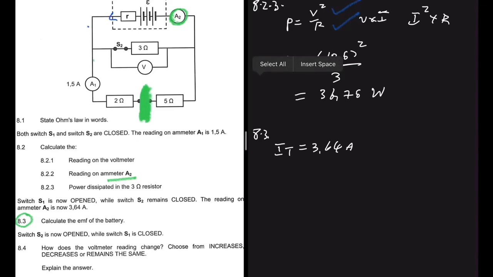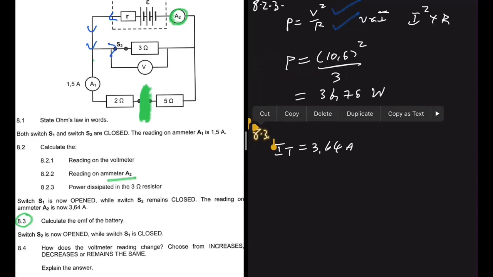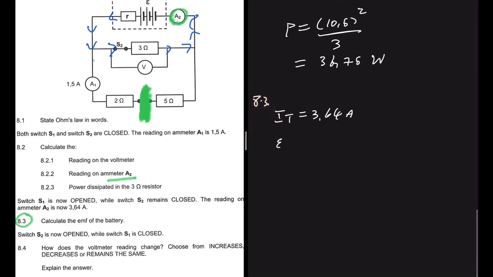All the current is going to pass through the 3 ohm resistor. Right, so now our total resistance is 3 ohms. To calculate the EMF, we can say that EMF is equal to I multiplied by R plus the internal resistance.